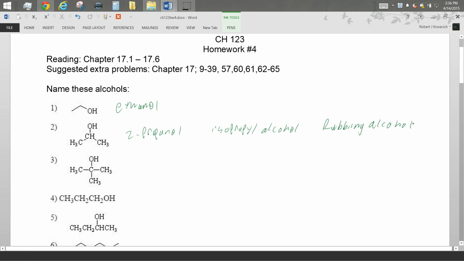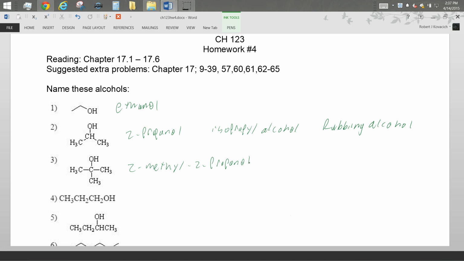Number 3? Two-methyl 2-propanol? Right over that?